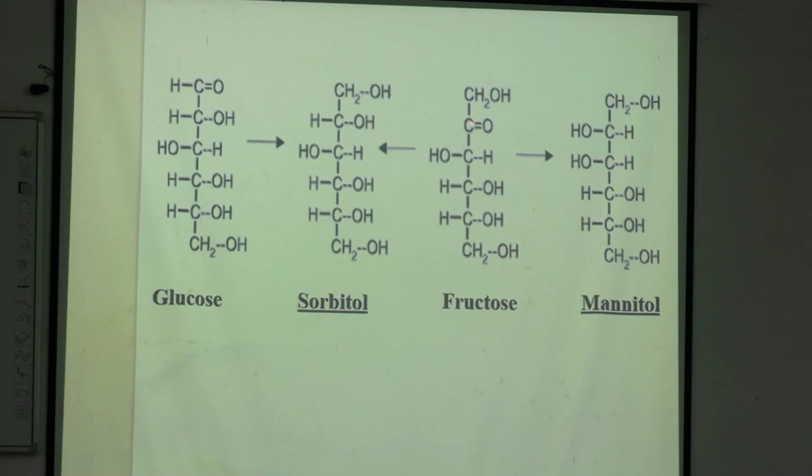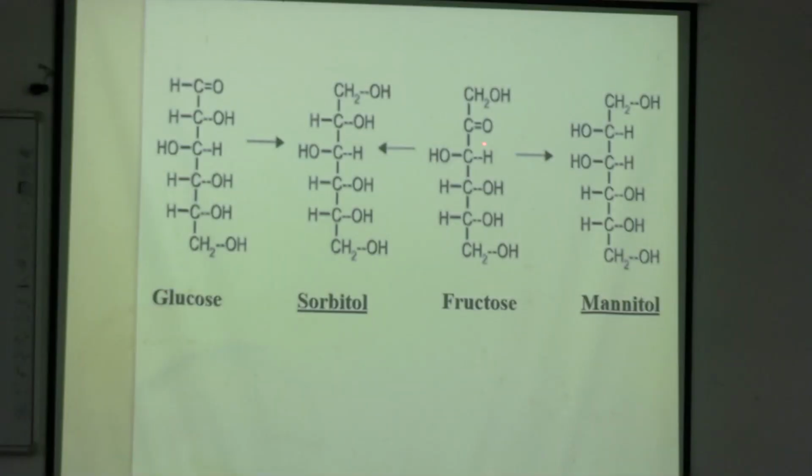And fructose, if in C2 it gets reduced to OH group, it will again form sorbitol. Now see, here in C2 group, the position of OH may vary. If it is on the right hand side, it will become sorbitol. If it is on the left hand side, it will become mannitol. What is the structure of mannose? What is mannose?